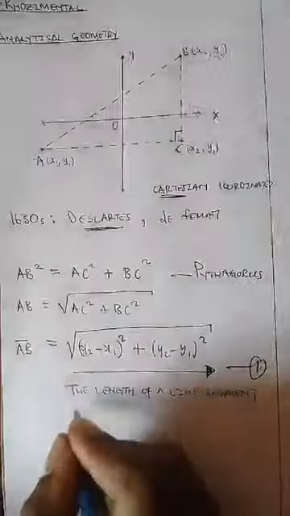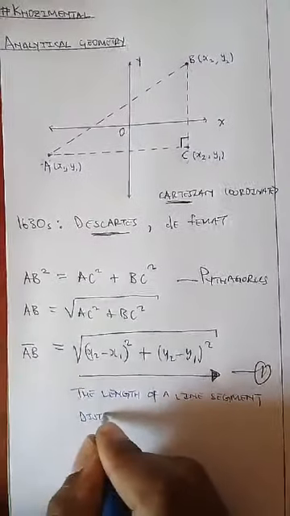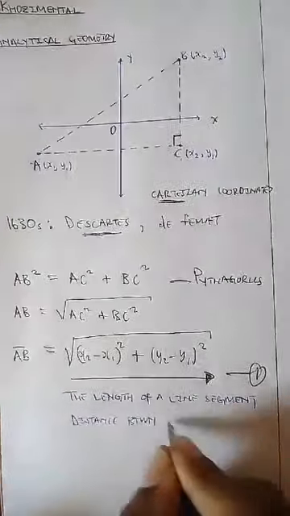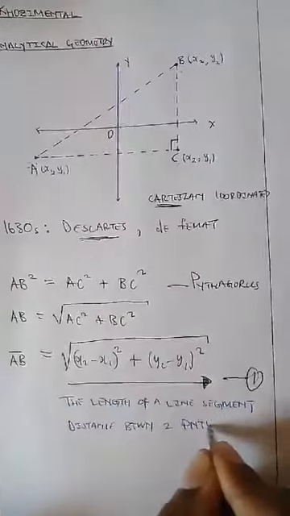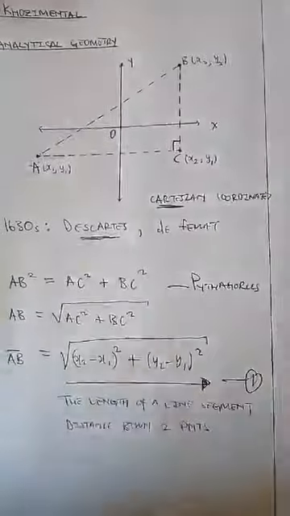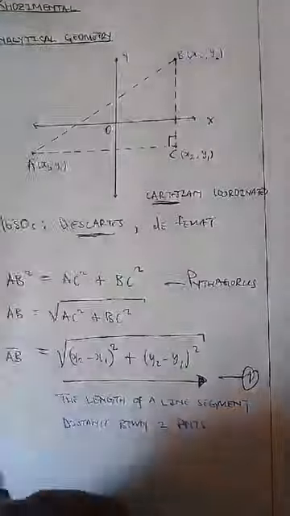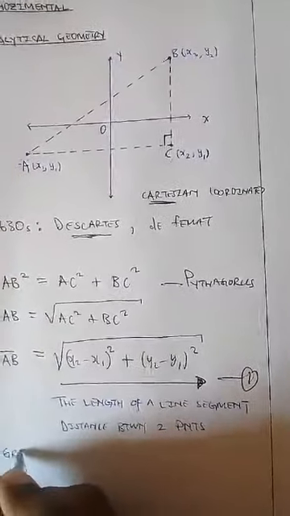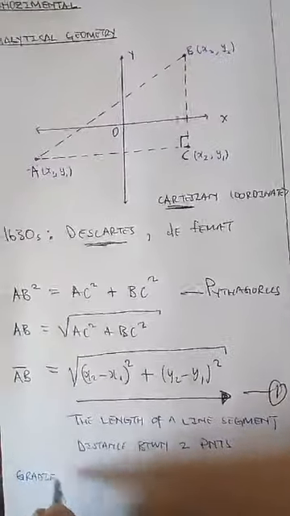And yeah, so this is the distance between 2 points. So let's move right along. A closely related concept is the concept of gradient. Gradient. So this will be very important.